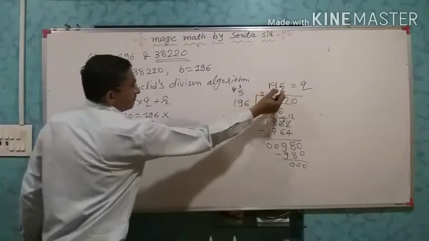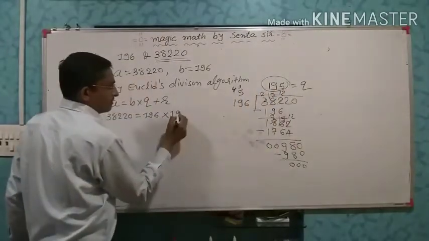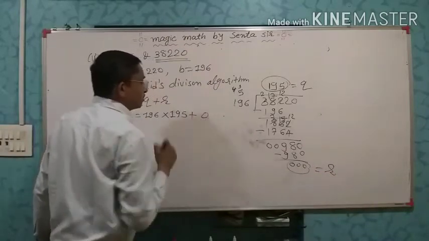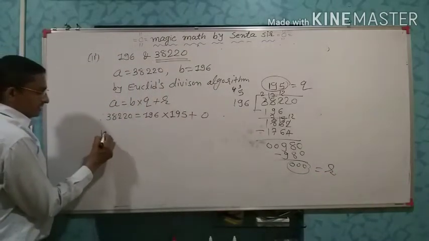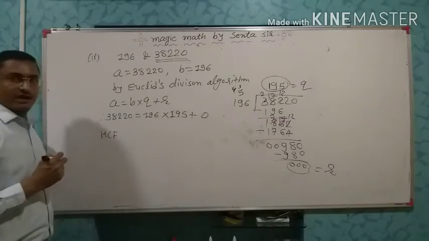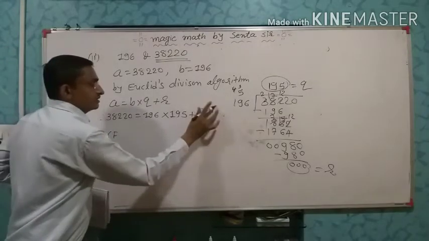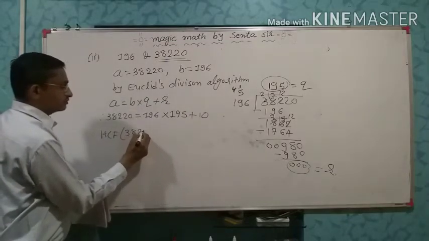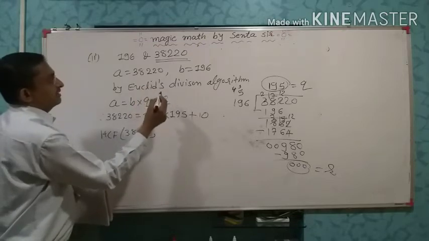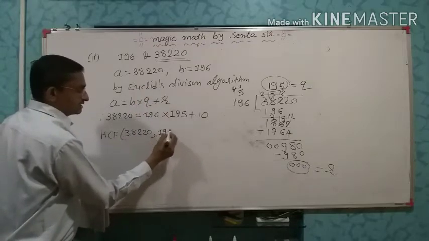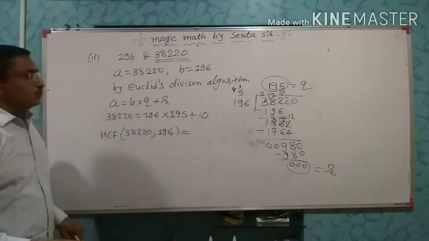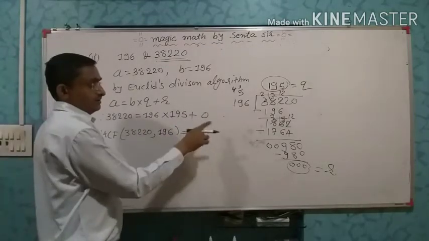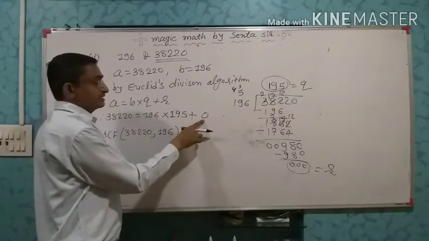Here the quotient is 195 plus remainder 0. See, the solution is done in only one step. 0 is the remainder. Therefore we take HCF. HCF of 38,220 and 196 is equal to the divisor of the last step when the remainder is 0.